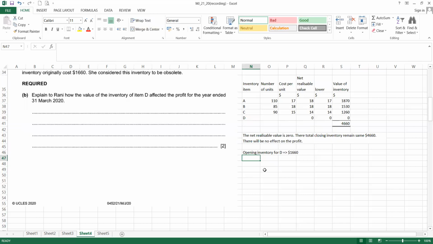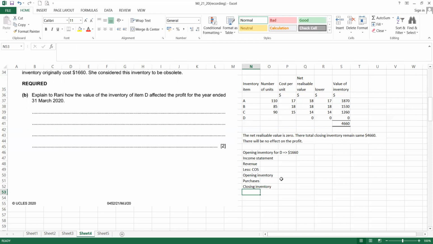If we use the accounting concept, the income statement, we have the revenue less cost of sales: opening inventory, and then purchases, closing inventory.